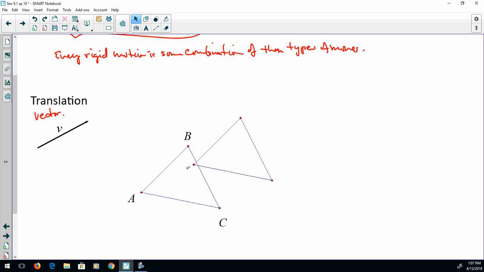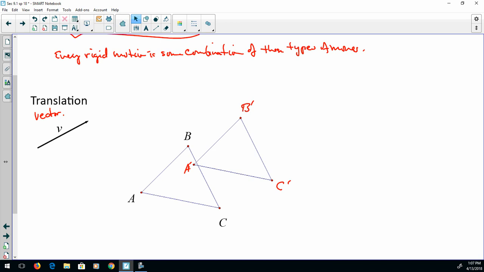If this vertex was A that's been moved, I'm going to call that A prime. I'm going to call this one B prime and C prime. So we just shift things in a parallel fashion. Now, if you look in the book, they have theorem 9.1 which talks about properties of translation. The short version of 9.1 is translation is an isometry. Period.